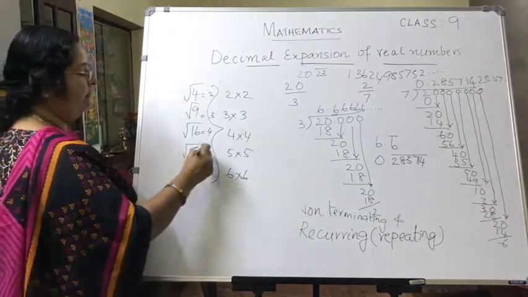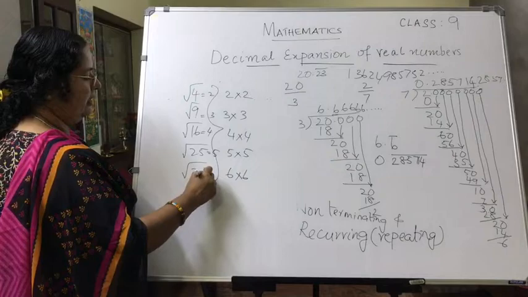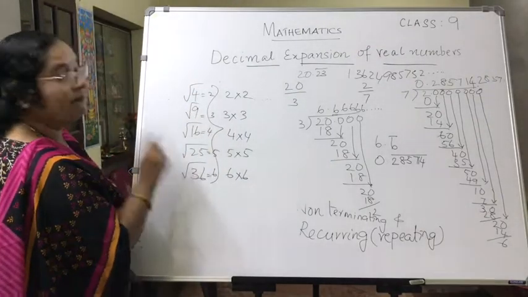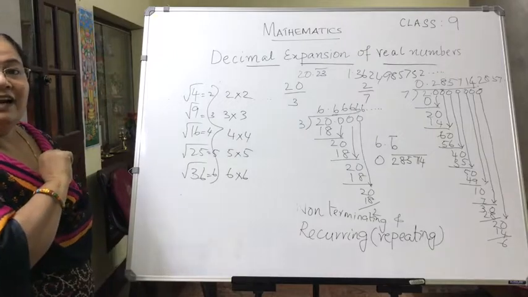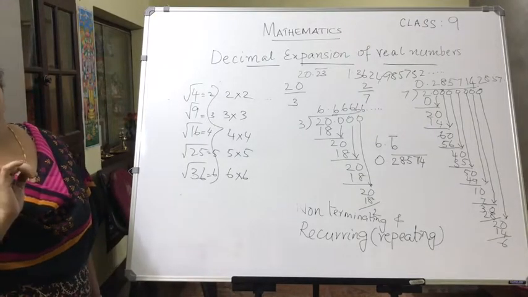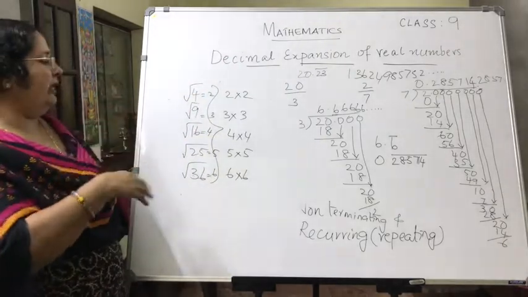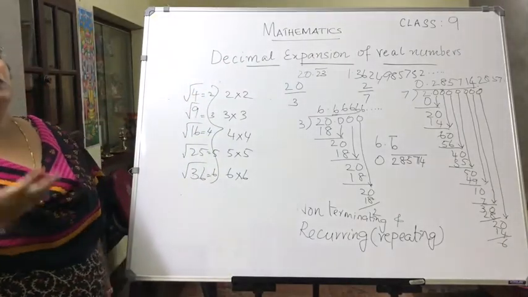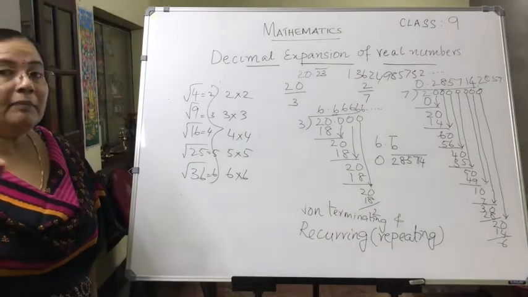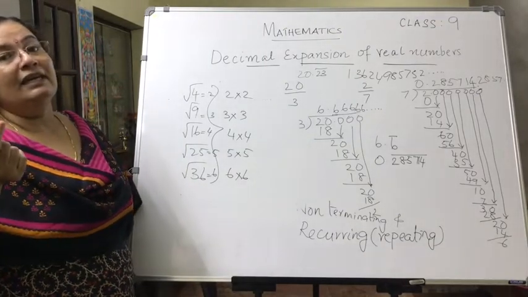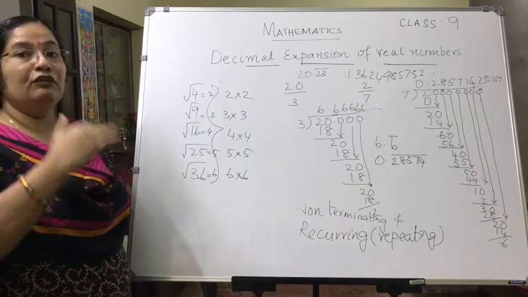Root 25 is 5, and root 36 is 6. So what are these numbers? They are rational numbers. So root of 4 or root 9 or root 16 or root 25 or root 36 will be what type of number? Perfect square numbers will be rational numbers, because you know the value of the root.